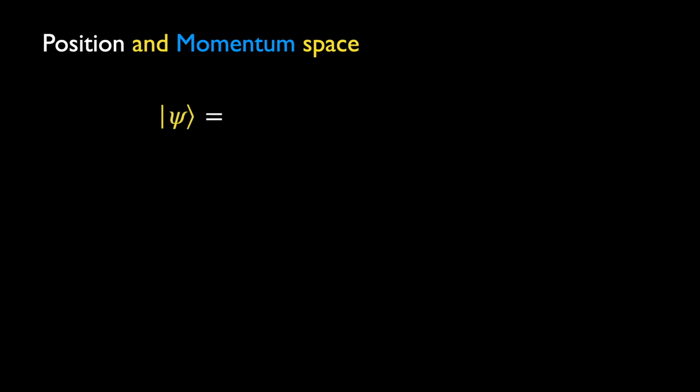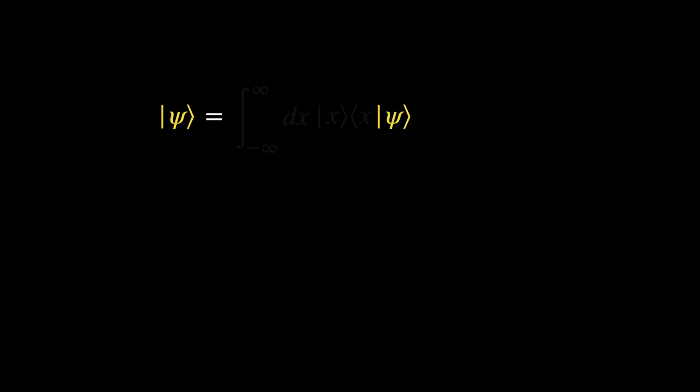Let's take a closer look at the relation between position and momentum space. Take an arbitrary state psi and express it in the position basis. Then take the same state and do the same thing with the momentum basis.